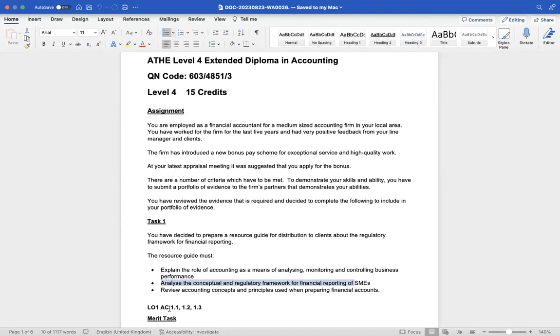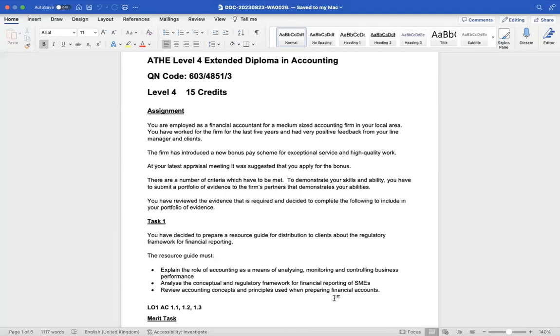Now we will come to section three or part three, review accounting concepts and principles used when preparing financial accounts. So, accounting concepts and principles of financial account preparation.